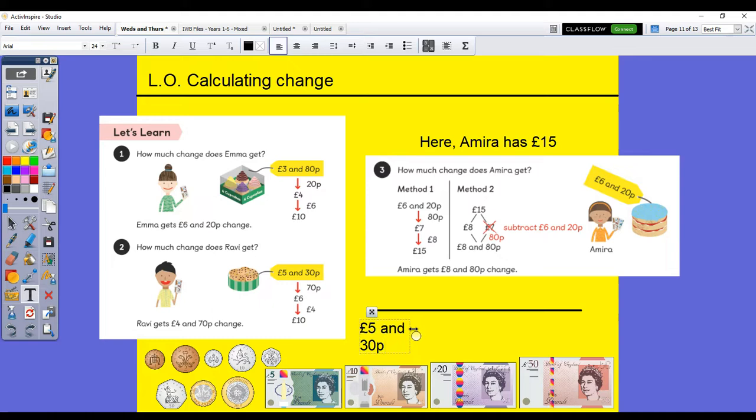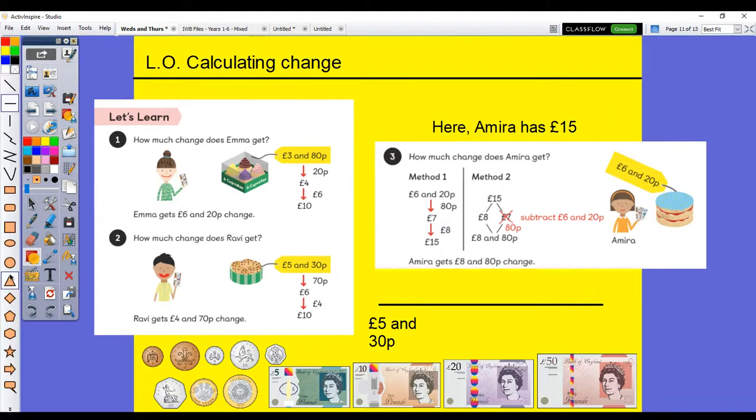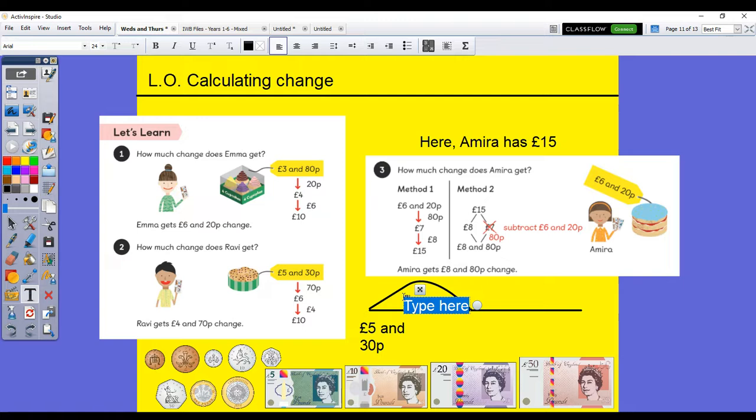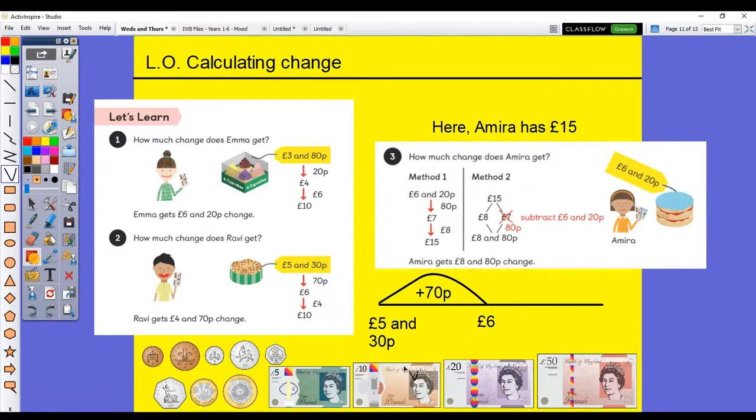We can use our number bonds to help us, because if we added 70p to £5 and 30 pence, we are of course going to get to £6. And then we know if we're on £6, we can easily get to £10.